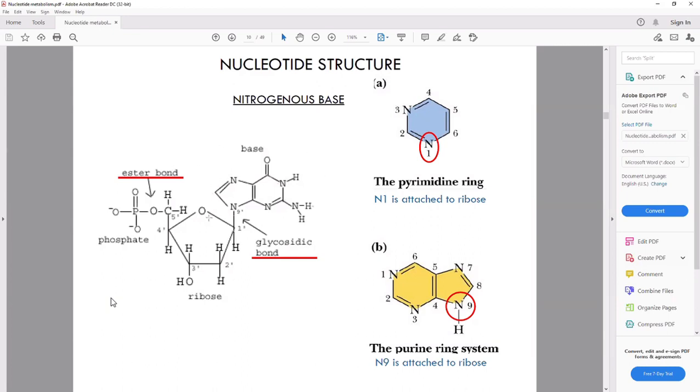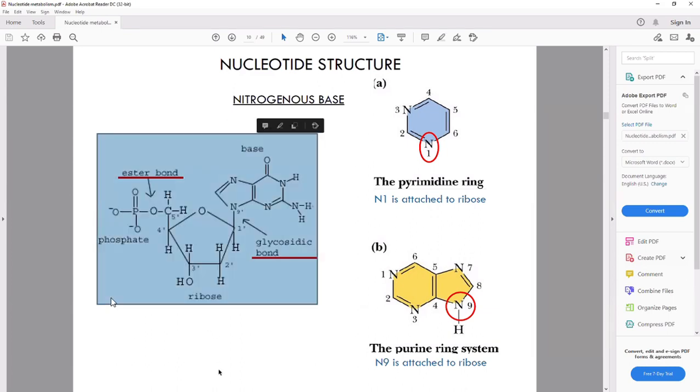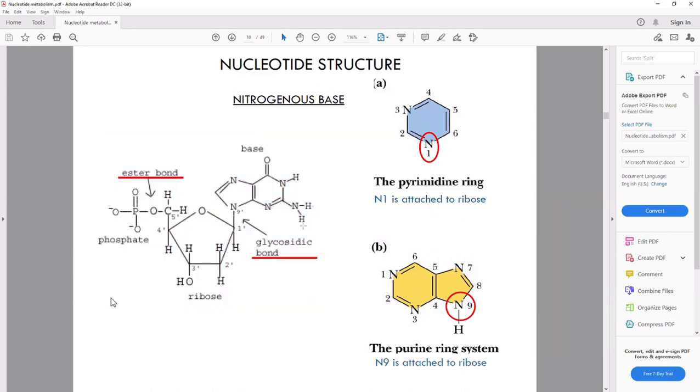Guanine, when attached to ribose and phosphate, is known as GMP, guanosine monophosphate. The same goes for pyrimidine. If the base is uracil, it is known as UTP. If the base is cytosine, it is known as CTP.